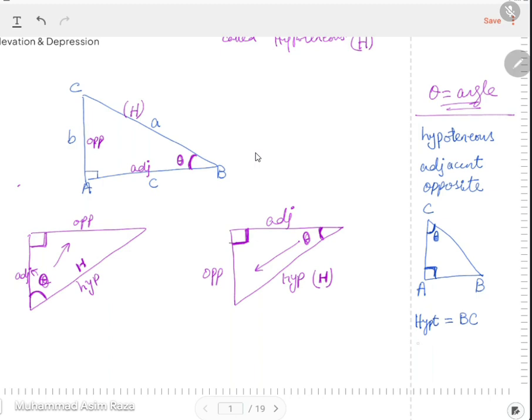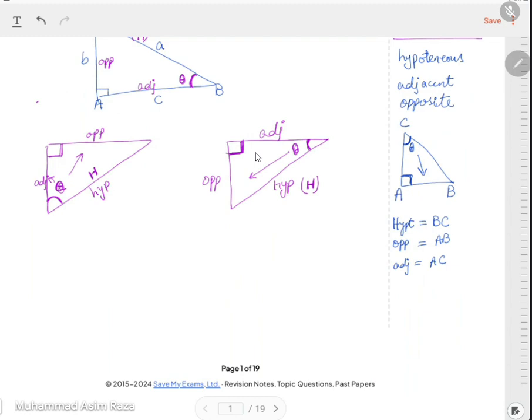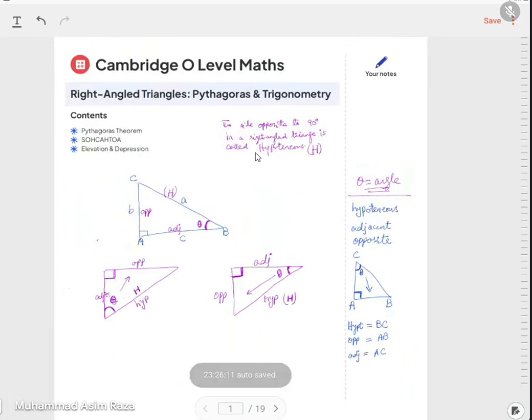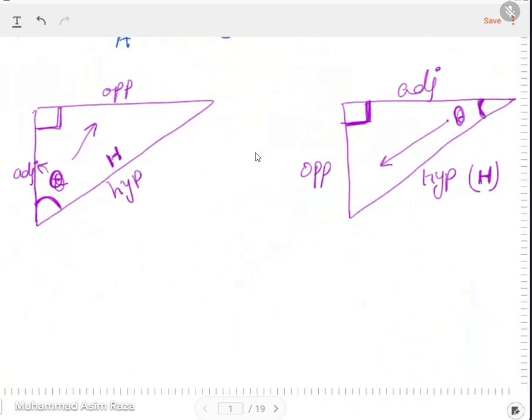And here the opposite side to theta is this side, which is AB, and one side is left, and that side is actually the adjacent, and it is AC. You got it? Okay. So it is like this one.